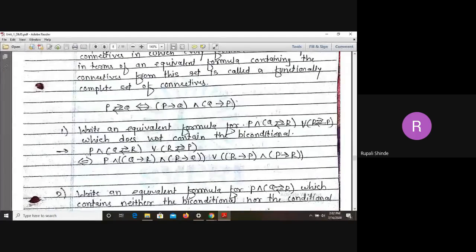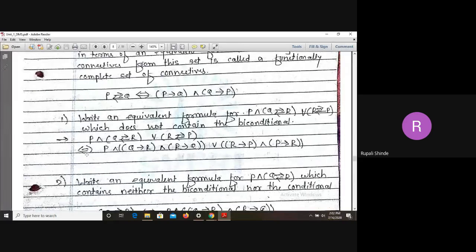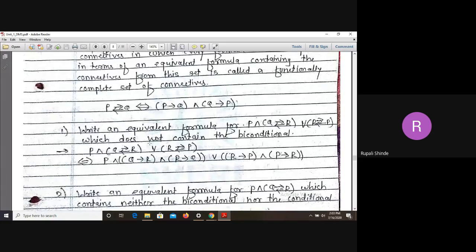Now in this second example, they have asked: write an equivalent formula for P and (Q biconditional R) which contains neither biconditional nor conditional. This we have to form an equivalent formula which will not contain any biconditional as well as conditional. So can you tell me how to solve this example?